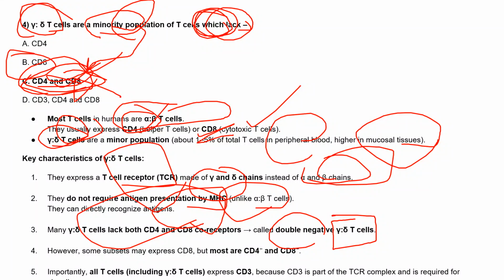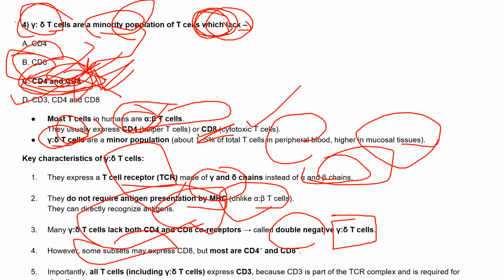Very few of them have CD8, but if the option says they lack CD4 and CD8, then we'll go for option C only. However, you're right that you can contradict that: in some populations CD8 is there, but only in some subsets. Mostly we go with the fact that they lack both receptors.